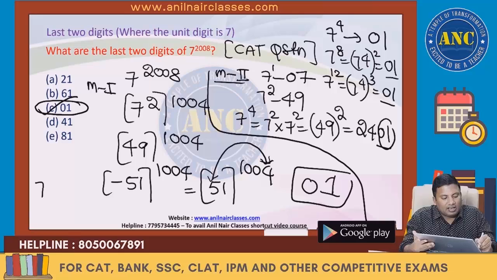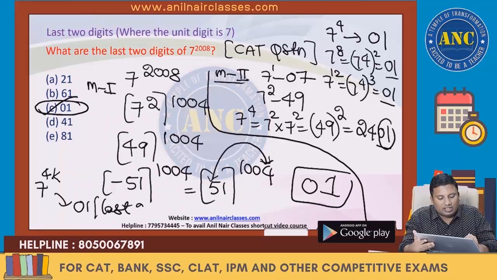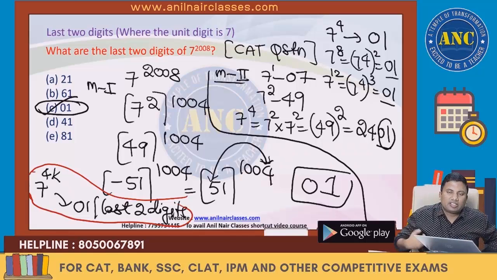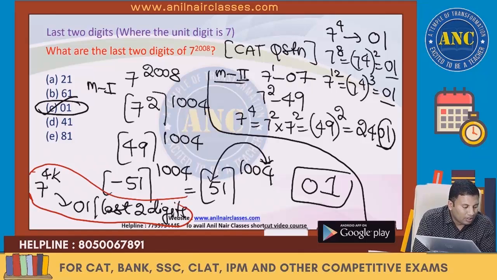If it is 7 power 4k, the last two digits are 01.